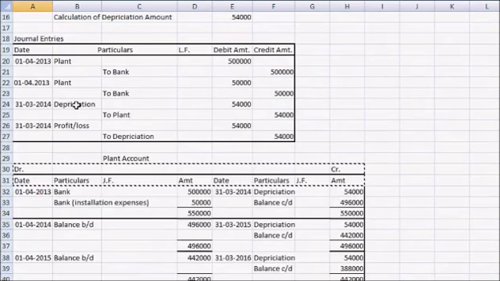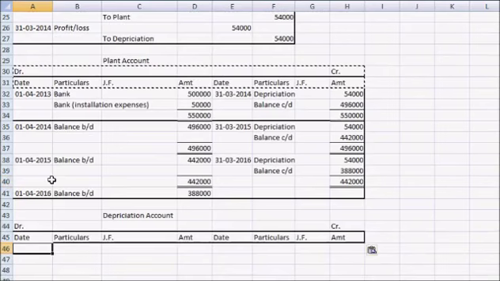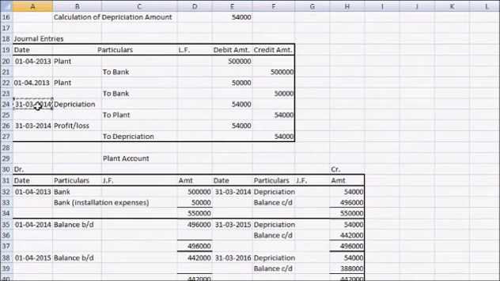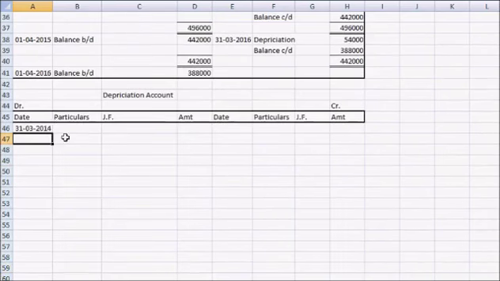Depreciation we have on 31st March 2014, and depreciation has been debited because of plant. So first of all, we'll write the date, that is because of plant, and we'll mention the amount.